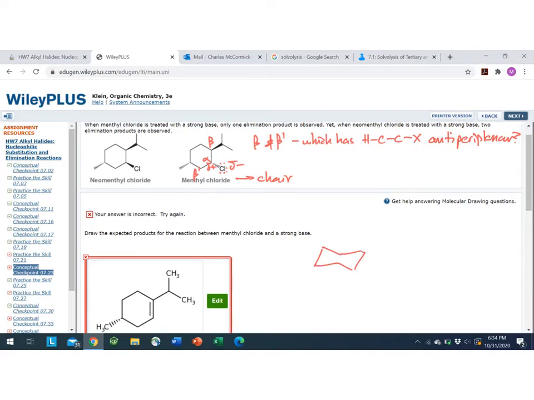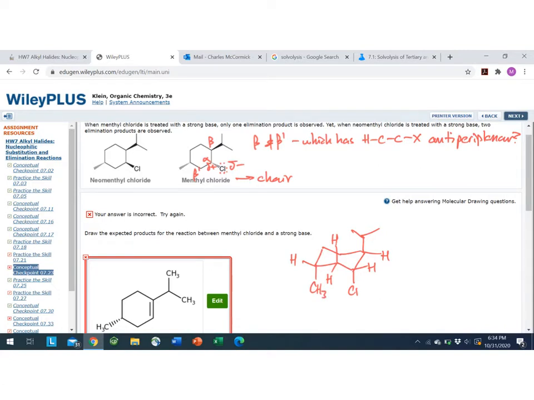And when we do that, the chlorine is down. I'm going to put it down. Then this isopropyl group next to it is up. So this hydrogen has to be equatorial. Then we have H, and next to that we have H equatorial, CH3 axial.